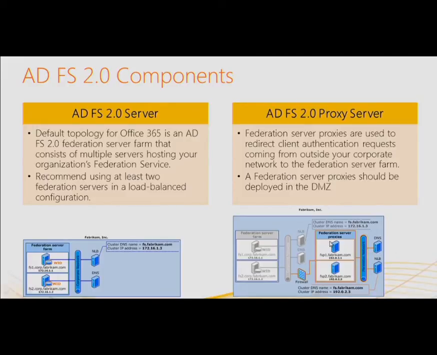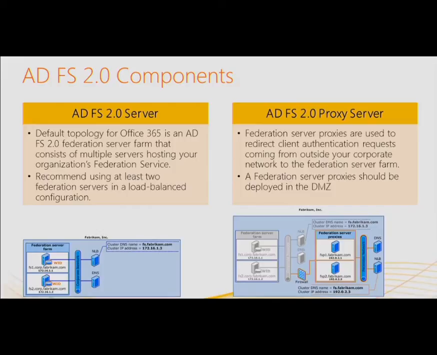As we said, federation server proxies are not placed inside your local Active Directory. Also here we can have a network load balancer, either Windows network load balancing or a hardware network load balancer in front of the proxy server farm. For the moment, just understand that there are 2 roles, one inside, one outside your organization. Inside we have the ADFS server, outside we have the ADFS 2.0 proxy server.